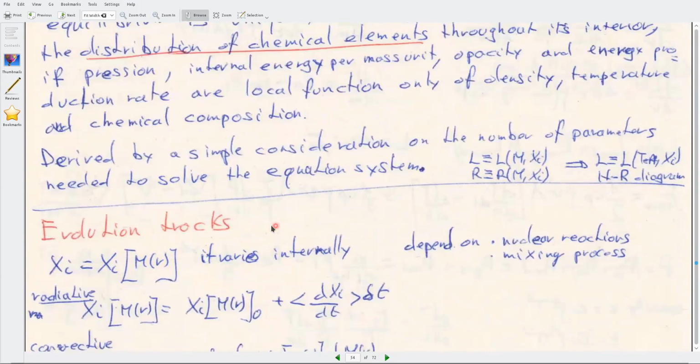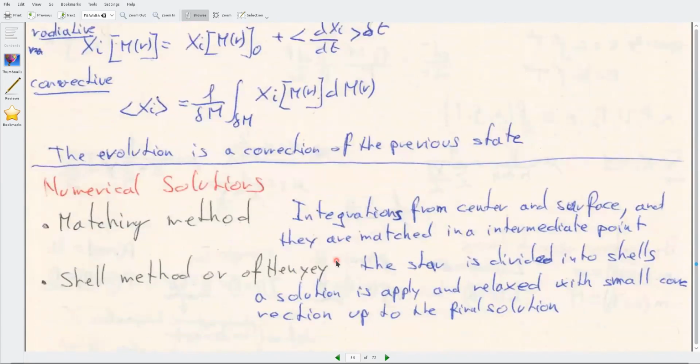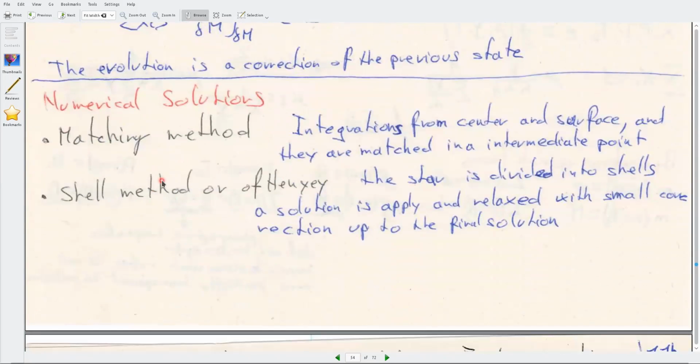The evolution tracks, so several properties during time, can be determined. To make a solution matching, we split in several parts and match in each point to have the matching point. All the properties must be continuous and the derivative must be continuous.